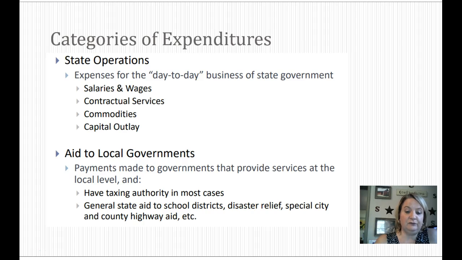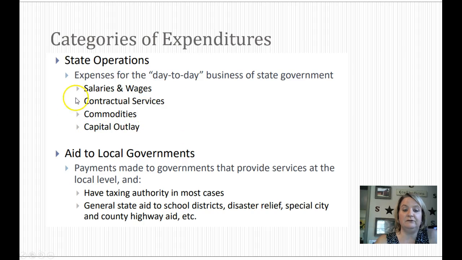General state aid to school districts, disaster relief, special city and county highway aid, etc. So this up here is what I deal with. Those are my main categories for expenditures: salaries and wages, contractual services, commodities, and capital outlay.